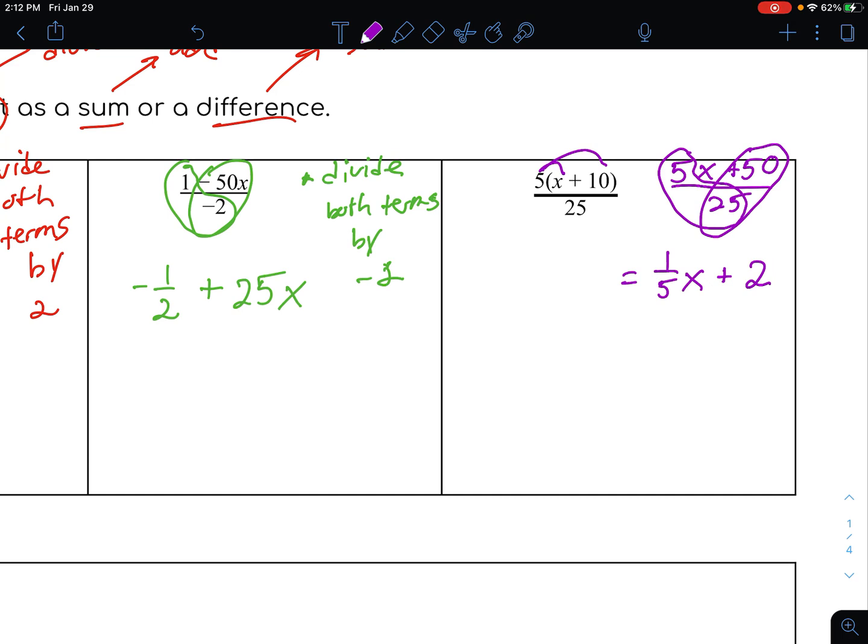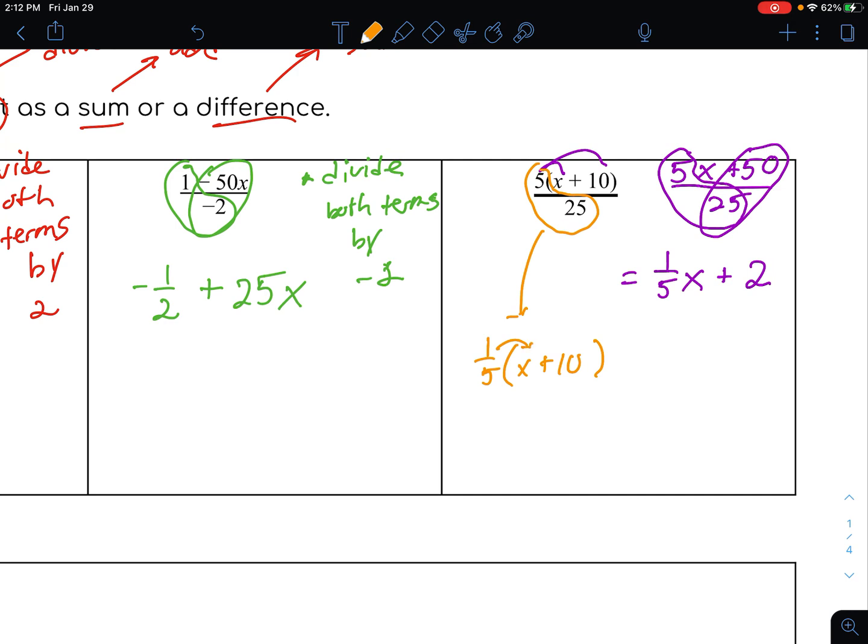Now we could also do it slightly differently right from the start and treat this as its own division problem right here. So if we simplify the 5/25, that then becomes 1/5 times x plus 10, reducing that fraction.